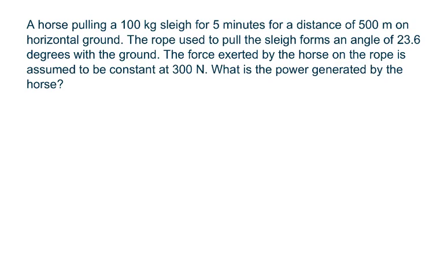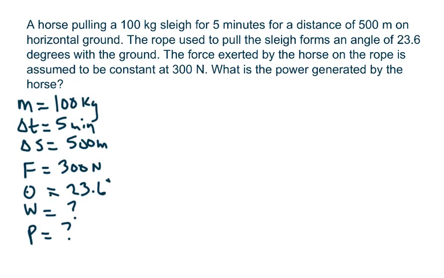So it's important to write out what your givens are. A few things jump out at me in that we're given a lot of the information we're going to need. But you notice at the bottom of my list of givens, I have the two unknowns that I have to solve for.